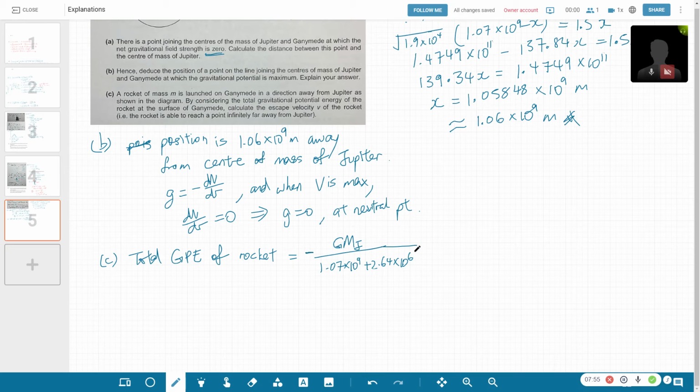With a negative sign here, plus the negative of G mass of Ganymede over just 2.64 times 10 power 6. From here, we just need to use the calculator.